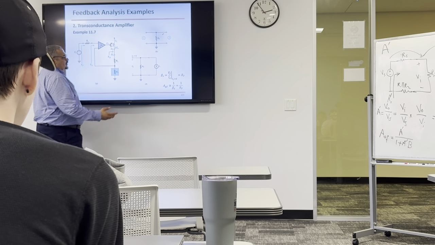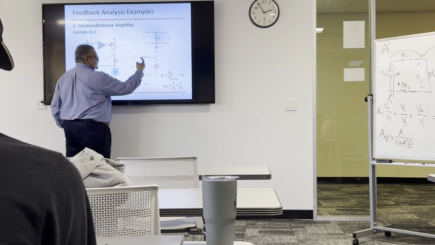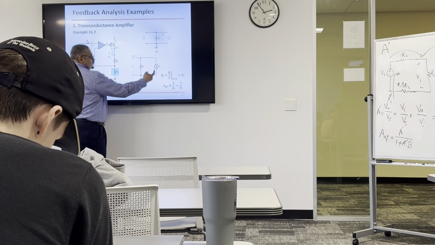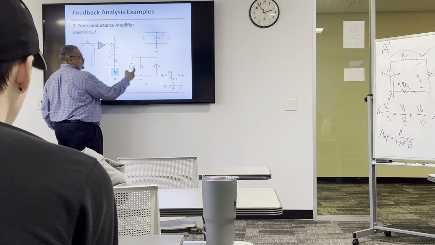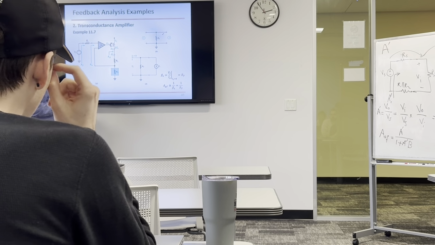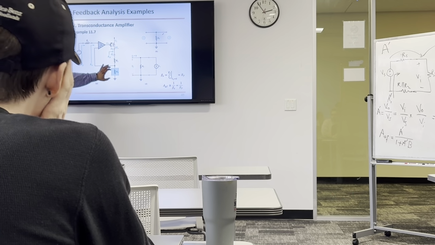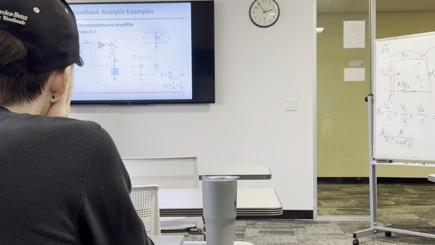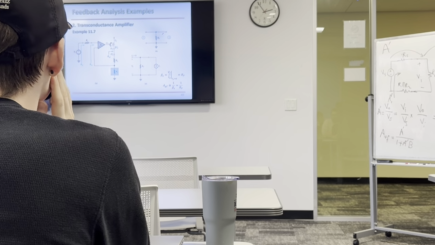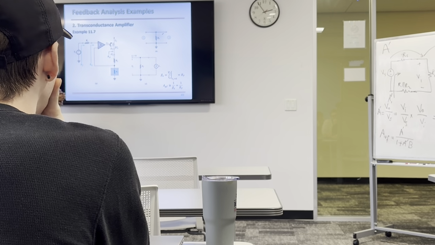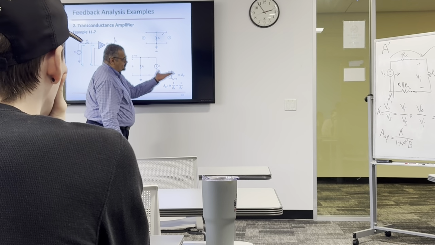Ohm's law, right? This current has no way except to go through the RF, so IO times RF gives you VF. So VF over IO is RF. So the feedback network is just RF. And here it's not less than 1, right? It's a large quantity, it could be 1 kilo ohm, right?